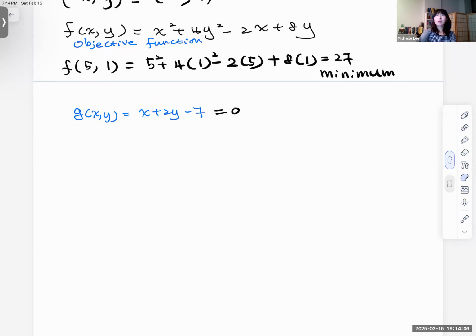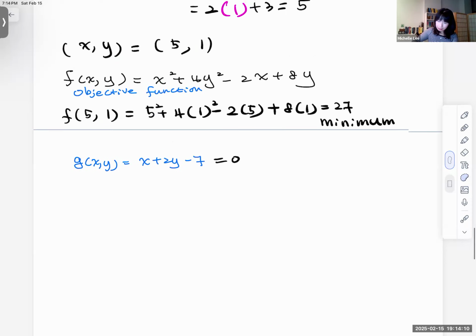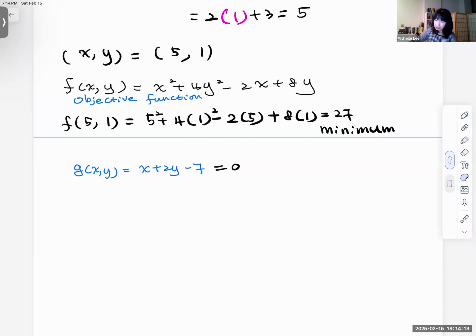All right, so we knew that this is originally from x plus 2y equal to 7, right?